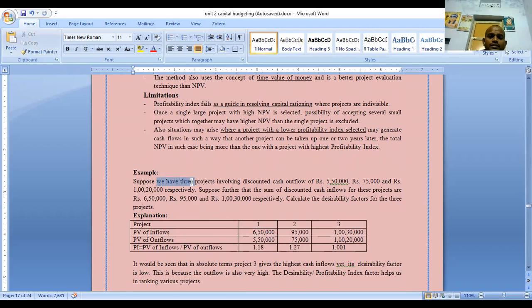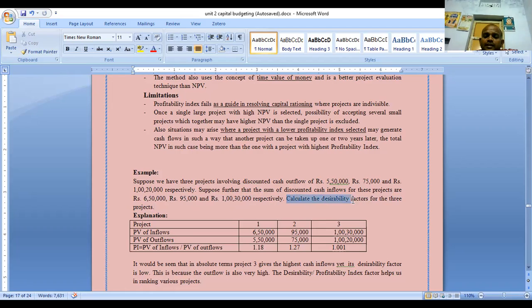Suppose we have 3 projects involving discounted cash outflows of 5,50,000, 75,000 and 1 crore 20,000 respectively. These are the cash outflows. Suppose further that the sum of discounted cash inflows for these 3 projects are 6,50,000, 95,000 and 1 crore 30,000 respectively.